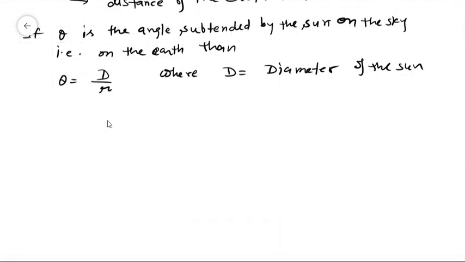Now it was given that the sun is subtending an angle of 0.5 degree on the sky, then the diameter can be written as theta times r.